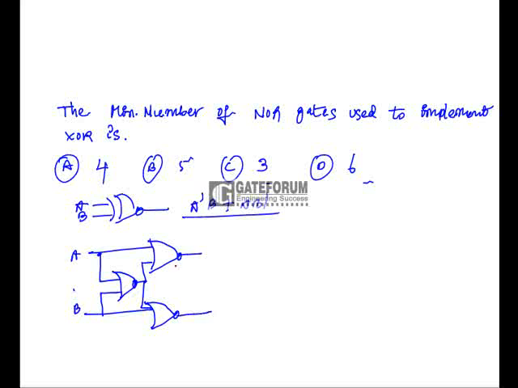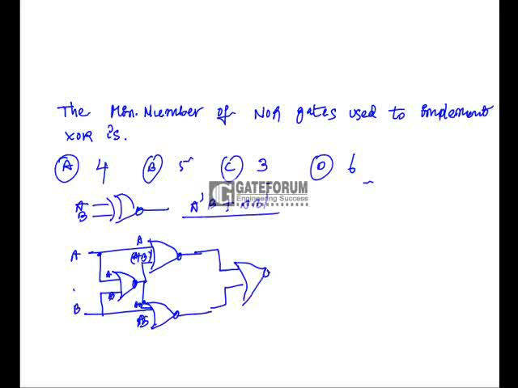So now here this is A, B, so (A plus B) whole dash. Here we get (A plus B) whole dash. This is A. Here (A plus B) whole dash A. So this is B. So these two will be given to another NOR gate.